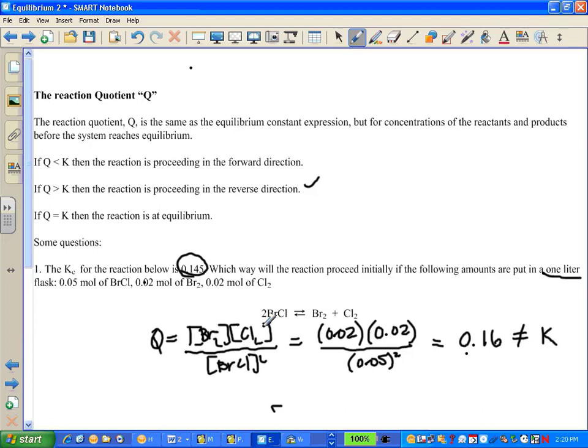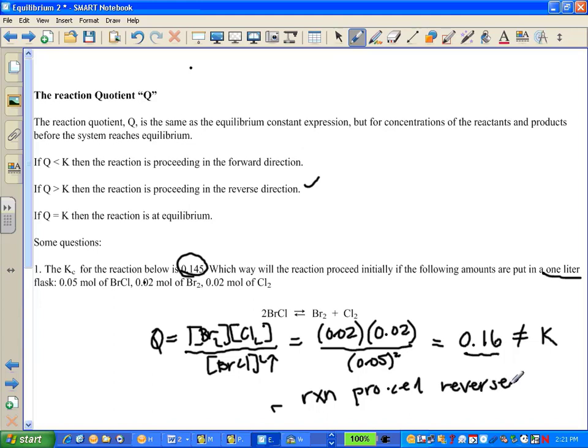If it's the products over the reactants and it's too large, we can see that it's the denominator of this expression that needs to increase in order to make the value 0.16 lower to become 0.145. So in this case, the reaction, and RxN is a short form for reaction, must proceed in the reverse direction.